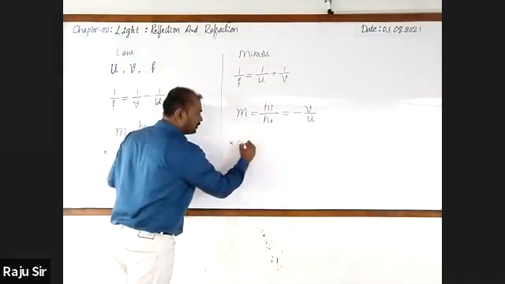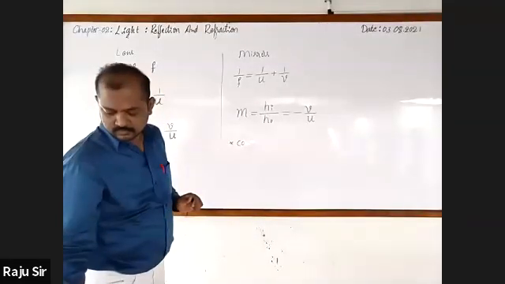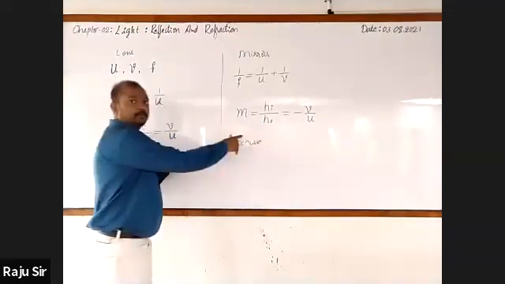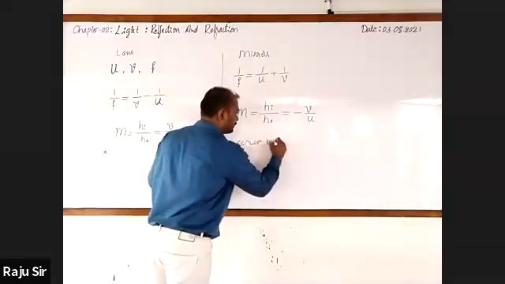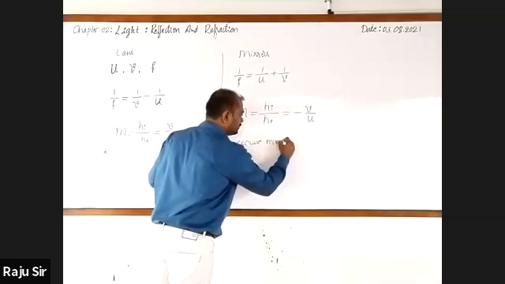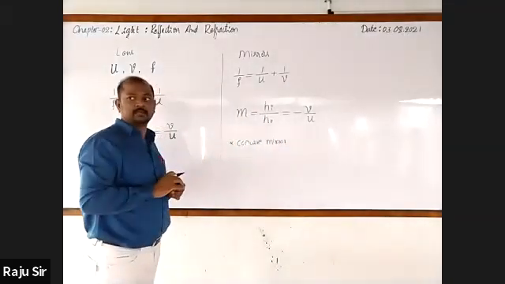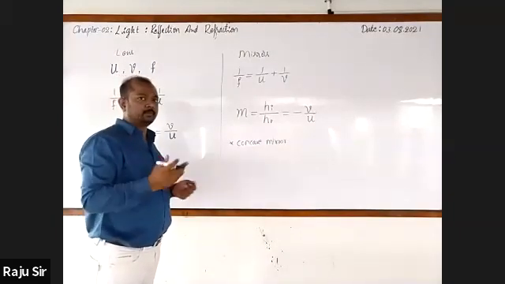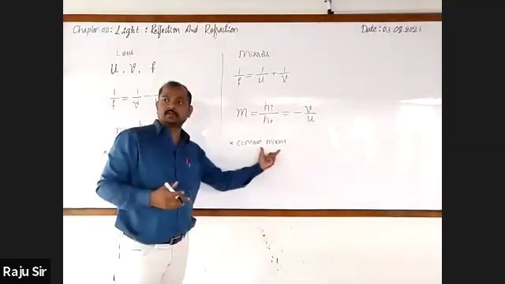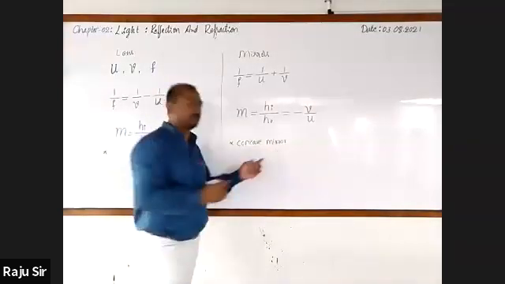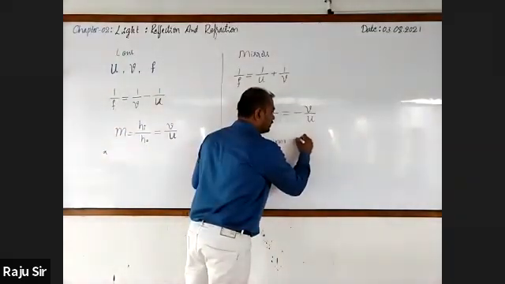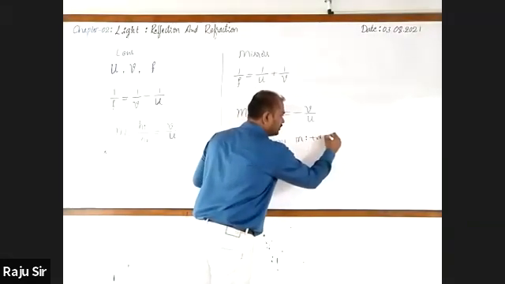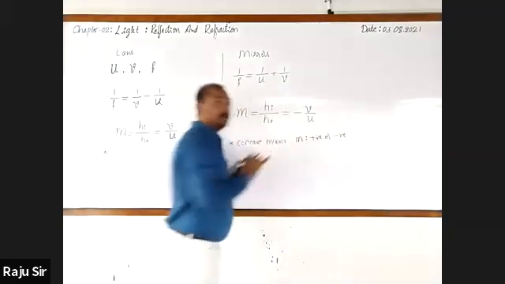Similarly, with respect to a concave mirror, you have come across magnification, whether it is positive or negative or both. Both. Magnification with respect to a concave mirror may be either positive or negative.